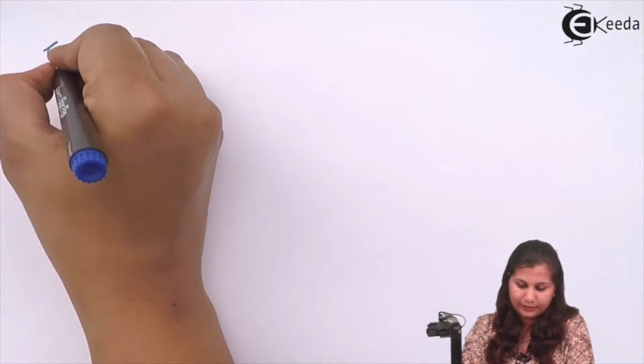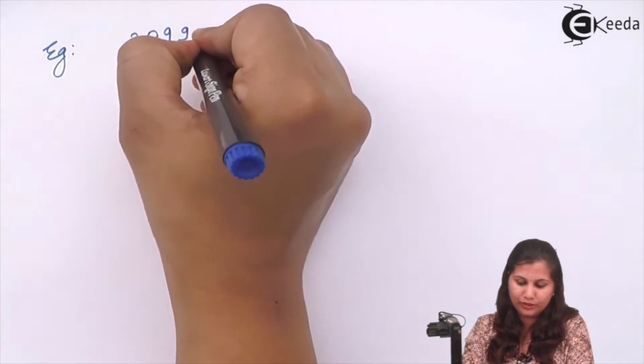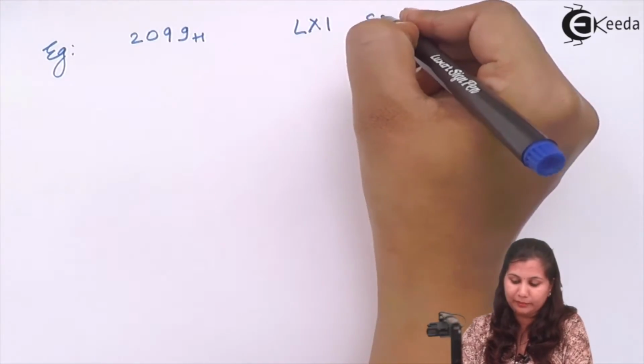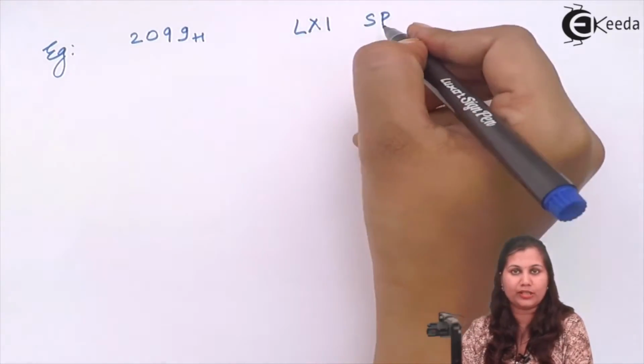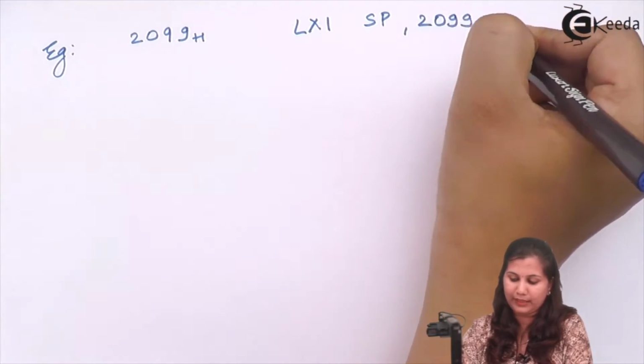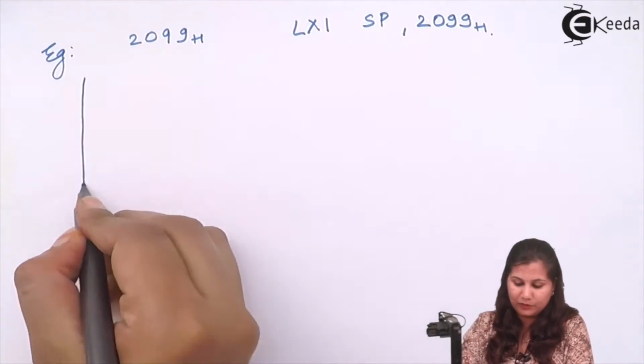Let's take an example. Suppose we have initialized the stack at 2099H. That means we have written in the main program the instruction LXI SP and then 2099H. So the stack is initialized at this position.